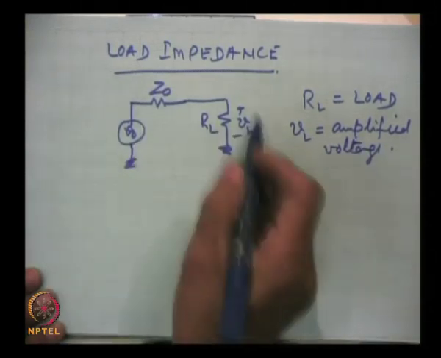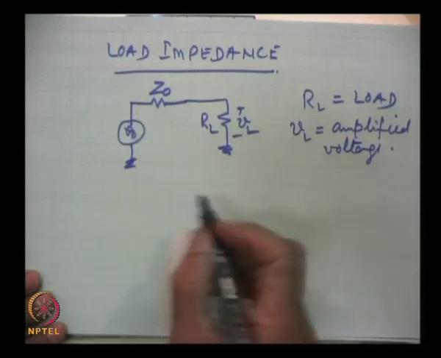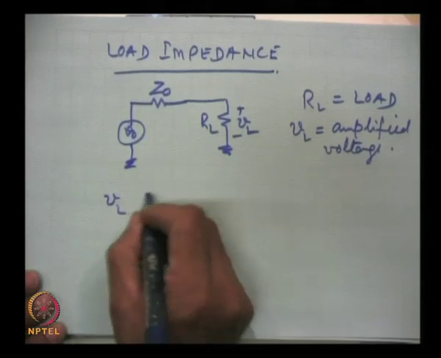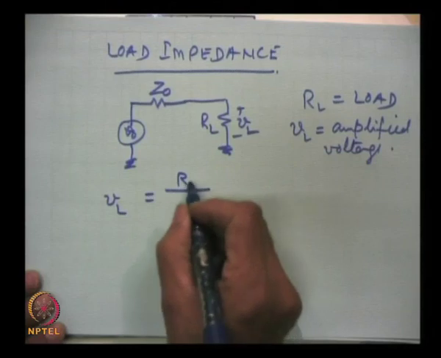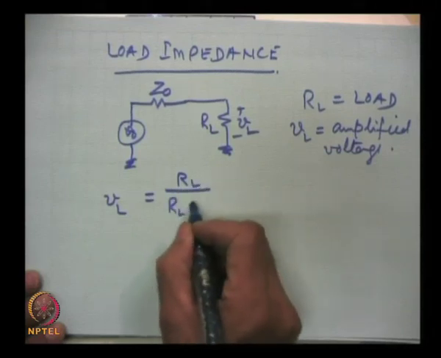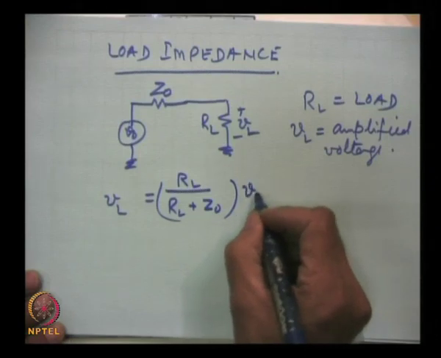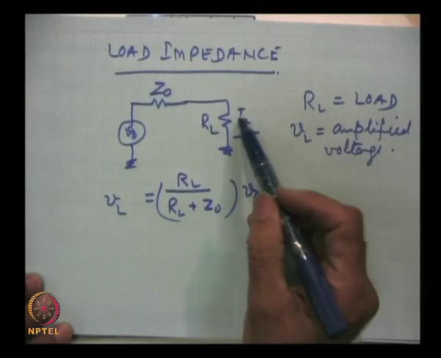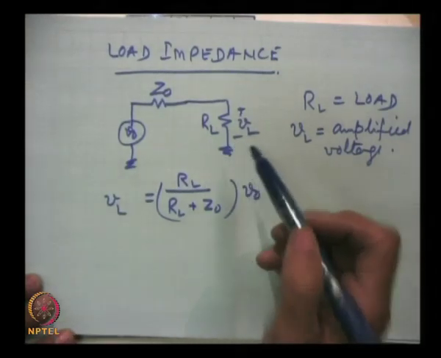Now, from this figure we can make out that V L is equal to R L upon R L plus Z 0 into V 0. This is the voltage which we will be observing at the load resistance.